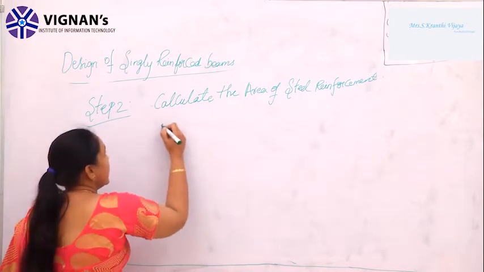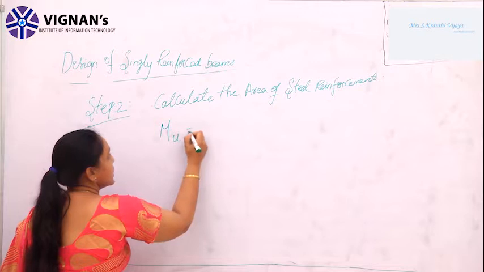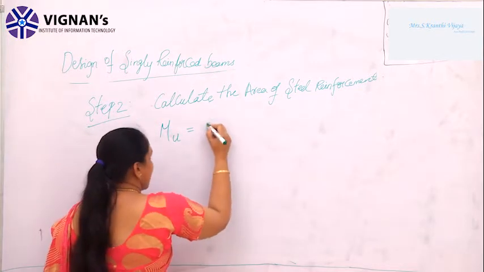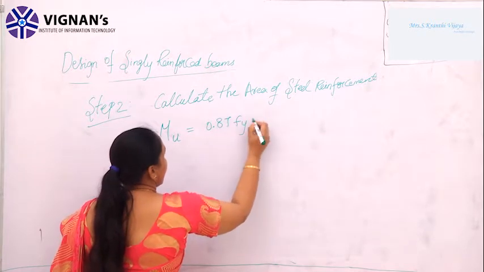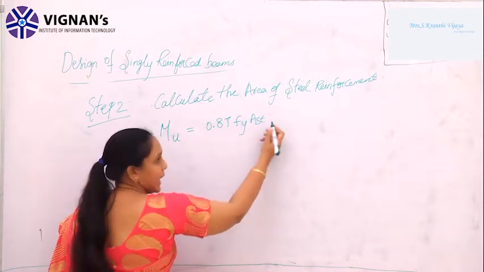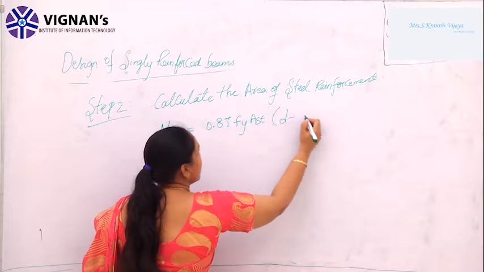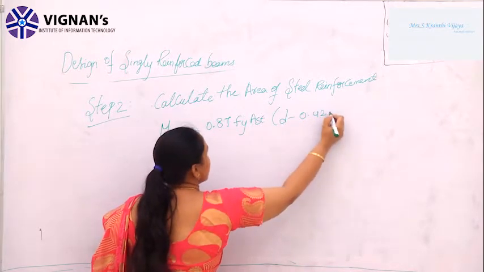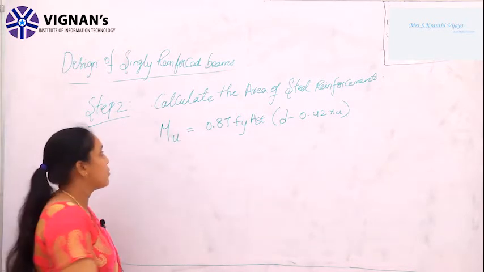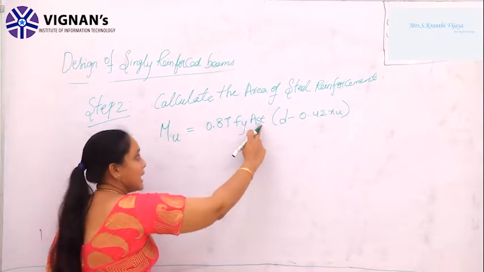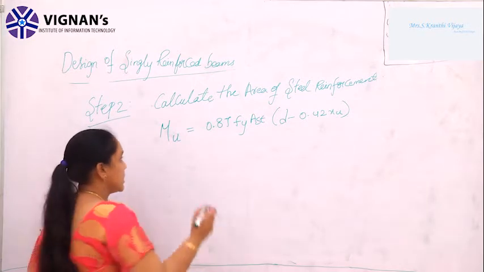So, it can be calculated by using the equation Mu is equal to 0.87 Fy into AST into D minus 0.42 XU. So, by using this equation, you can calculate the area of the steel.